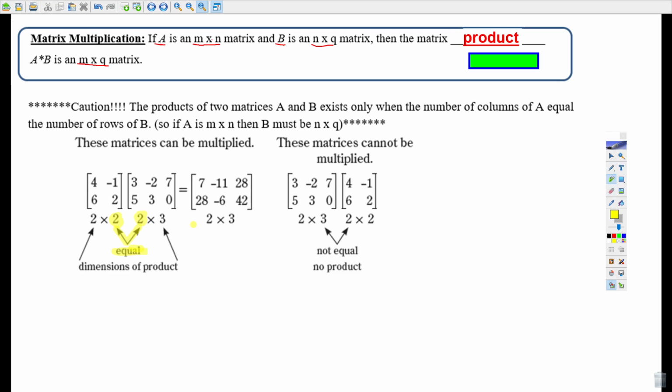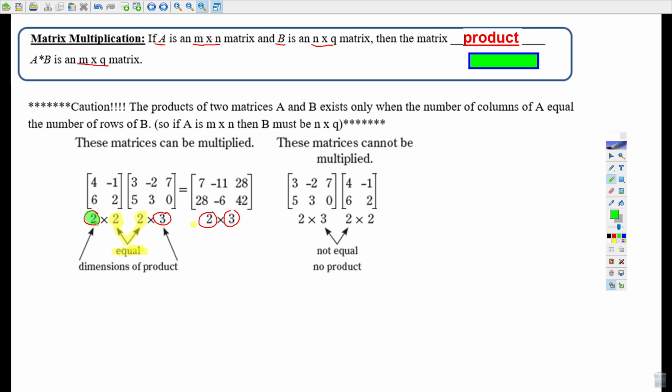If they're the same, then what you do is you take the outside numbers of the dimensions. So we have a 2 by 2 and a 2 by 3. We take the 2, we take the 3, we put them together, and that gives you the dimension of your answer when you multiply them together.